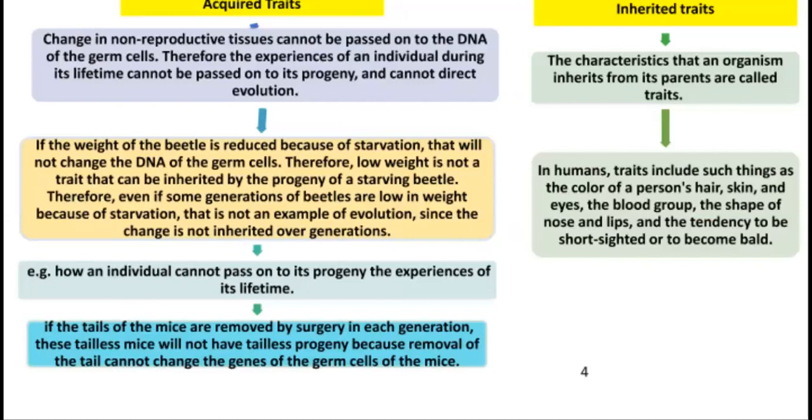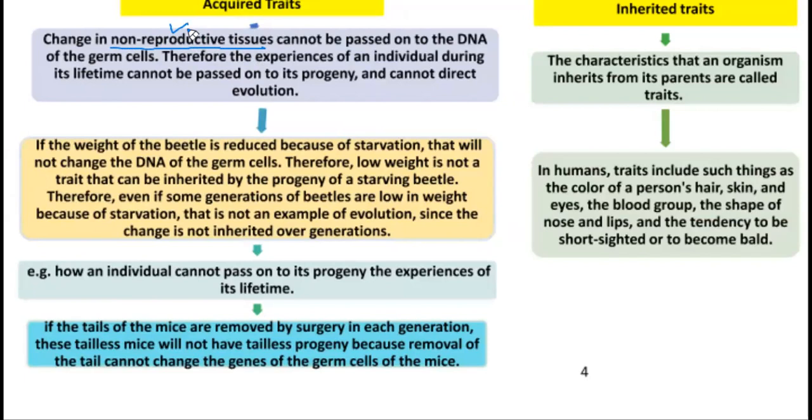Just to understand these two words, let me discuss acquired. What exactly does the word acquired state to us? Ma'am, that was not present, that is not present in our genes, which we inherit from our parents. Very good. Definitely the changes in non-reproductive tissues are not passed to the next generation.